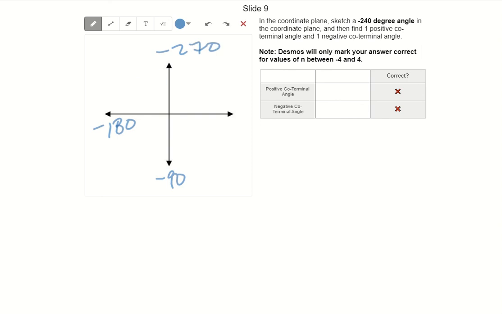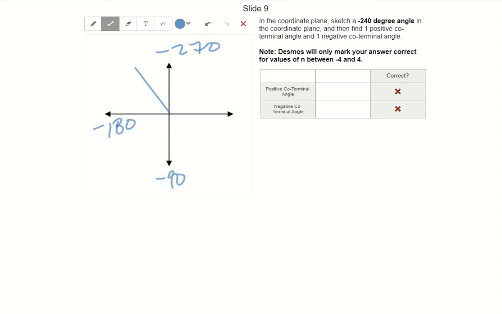Okay, so we've got negative 180, and then 240 minus 180 is 60, so that means we're going about 60 degrees further. 60 is 2/3 of 90, so that means we're going 2/3 of the way from 180 to 270, because that's a 90 degree angle in there, so we're just doing 2/3 of it.